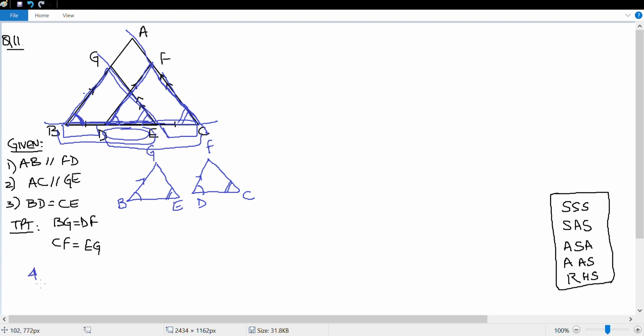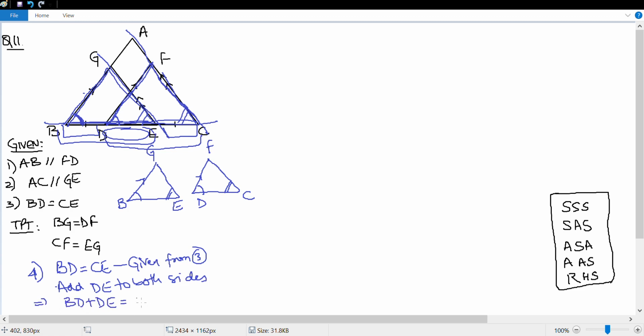Let's start writing. So number 4, BD is equal to CE. This is given. This is from 3. Let's add DE to both sides. Yes, I'm allowed to add the same number to both sides. So this gives me BD plus DE is equal to CE plus DE.